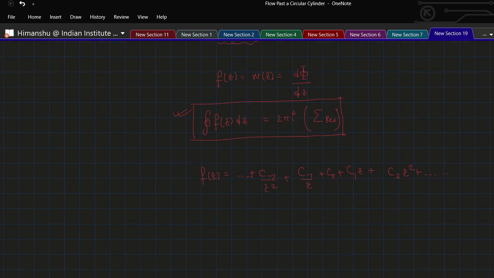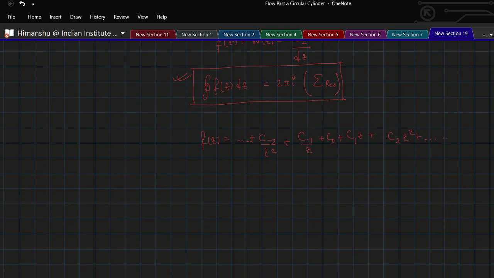Now we are dealing with flow past a circular cylinder without circulation. So our complex potential phi has only the terms of, the first term was uniform velocity and the second term was a doublet.